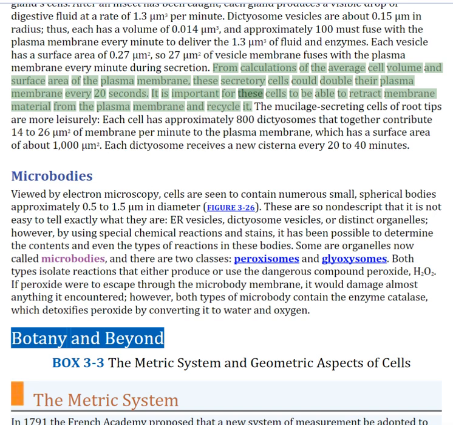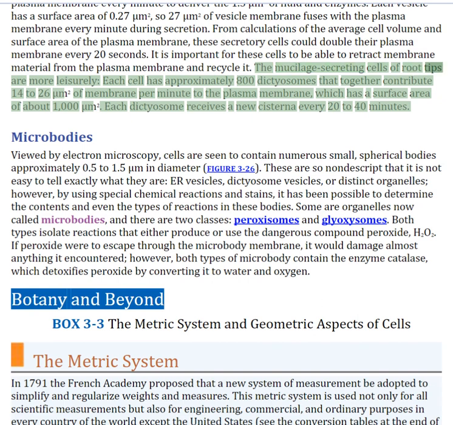It is important for these cells to be able to retract membrane material from the plasma membrane and recycle it. The mucilage-secreting cells of root tips are more leisurely. Each cell has approximately 800 dictyosomes that together contribute 14 to 26 micrometers of membrane per minute to the plasma membrane, which has a surface area of about 1,000 micrometers. Each dictyosome receives a new cisterna every 20 to 40 minutes.